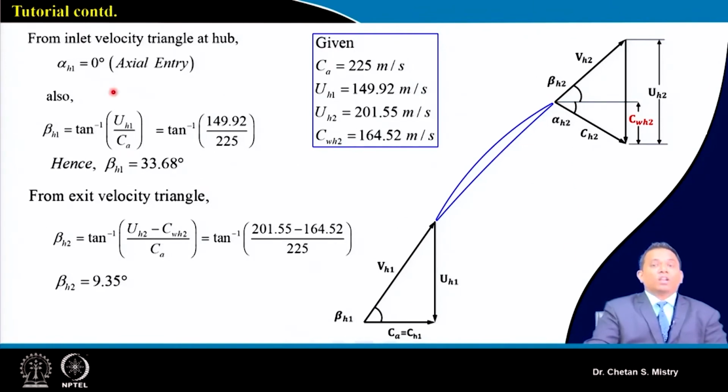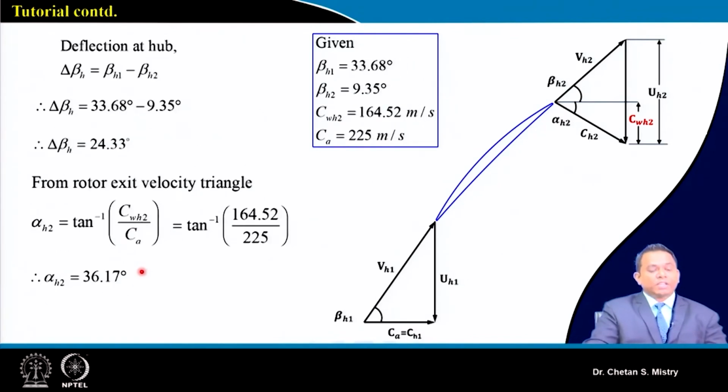Based on our understanding, we have axial entry, that means alpha 1 is equal to 0. Beta 1 we can calculate based on U by Ca, that is coming 33.68 degree. Same way beta 2, at the exit station, we can calculate, that is coming 9.35 degree.